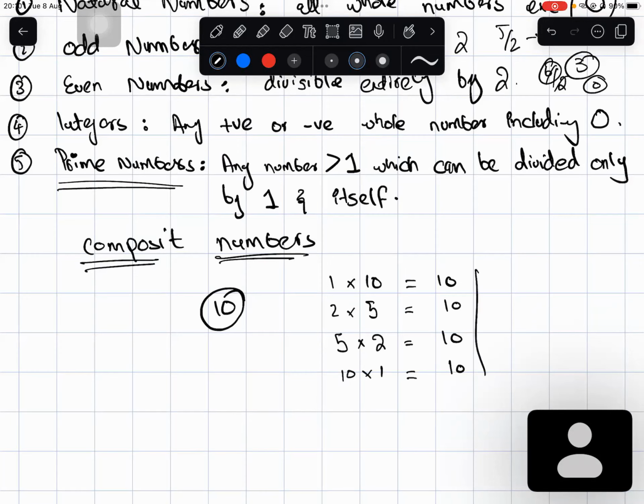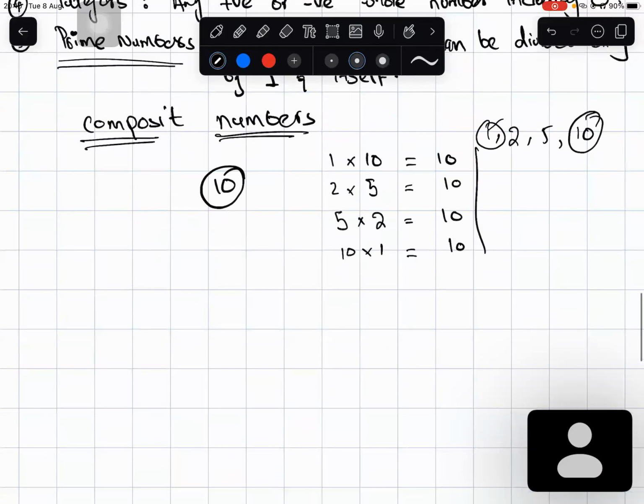Now we can see that 10 is completely divisible by 1, 2, 5, and itself, 10. For prime numbers, you will see that they will only be fully divisible by 1 and themselves and nothing else. This is a composite number.